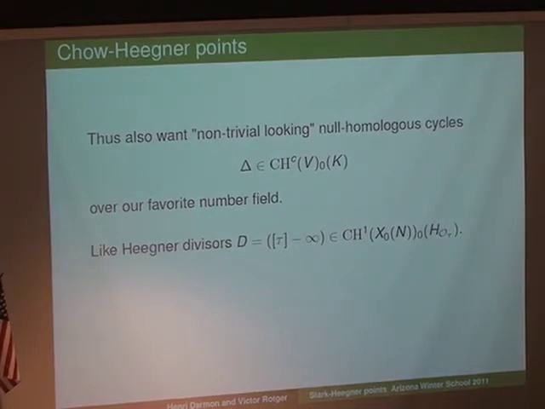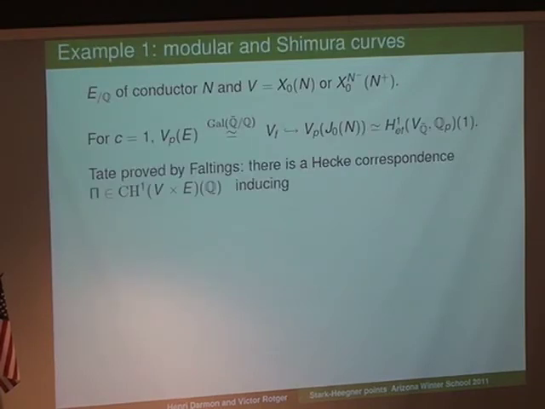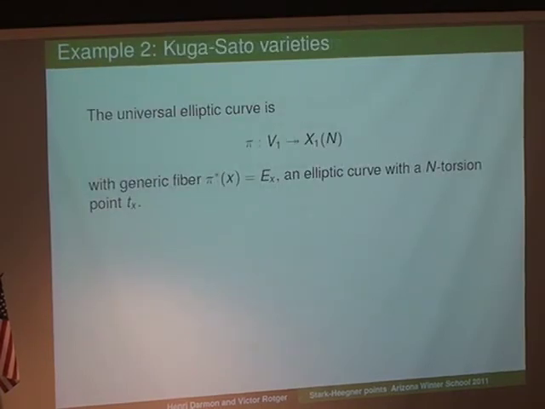What I was going to do now is recall once again the construction of Heegner points, the classical points for curves, in this terminology. But since I already did this two or three times, let me skip to the second example. This was my first example, which is the one you already know. And let's go to the second example.